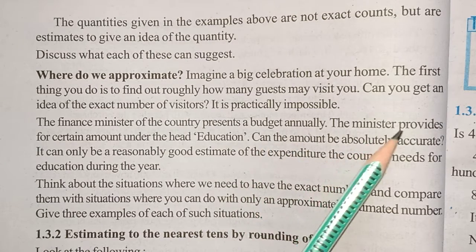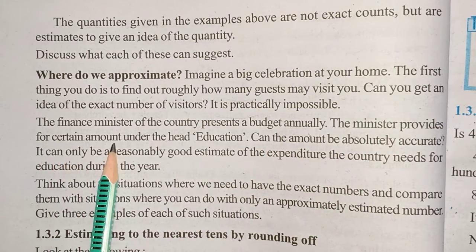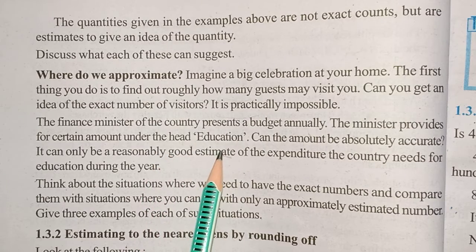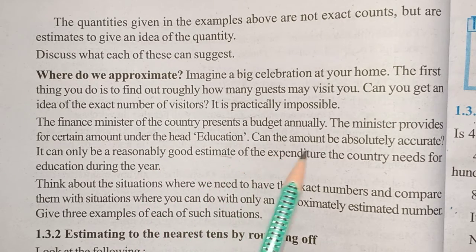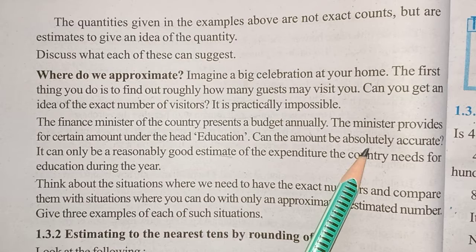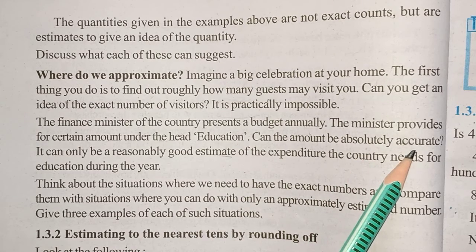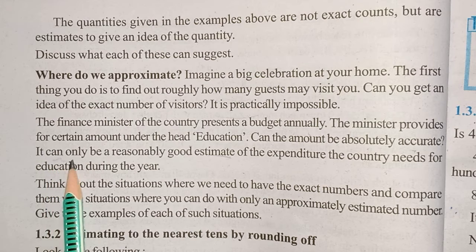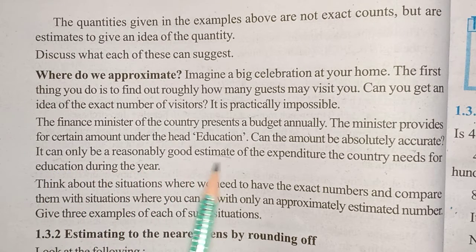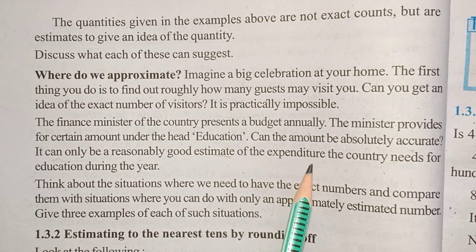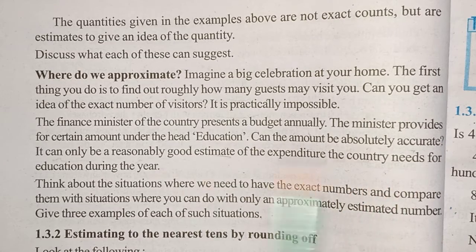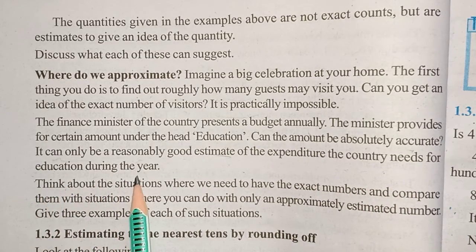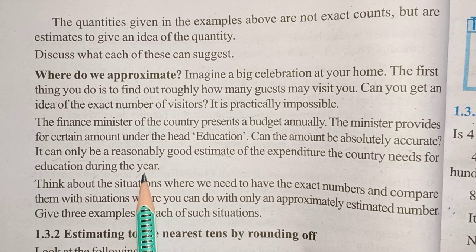The minister provides for certain amount under the head education. Can the amount be absolutely accurate? It can only be a reasonably good estimate of the expenditure the country needs for education during the year. It gives a rough idea about the figure.